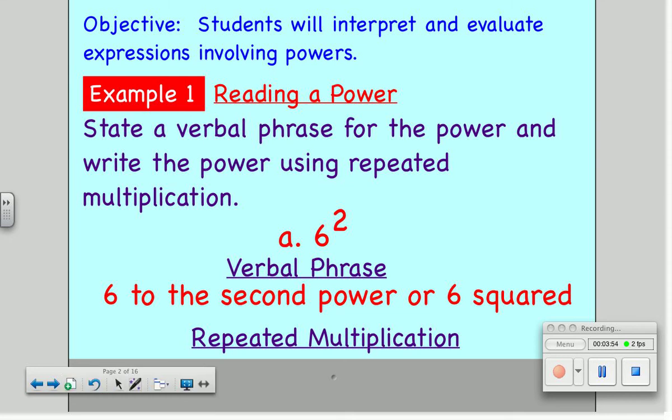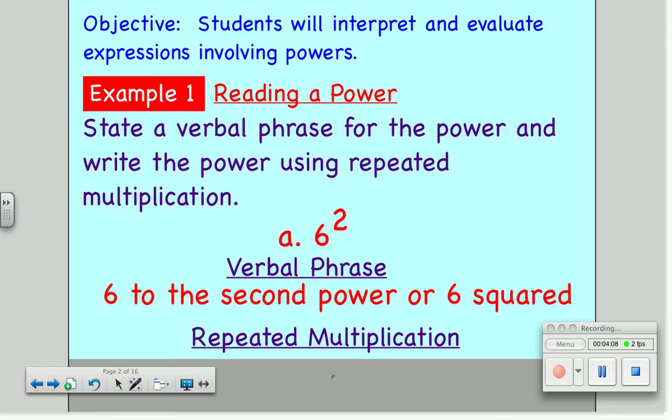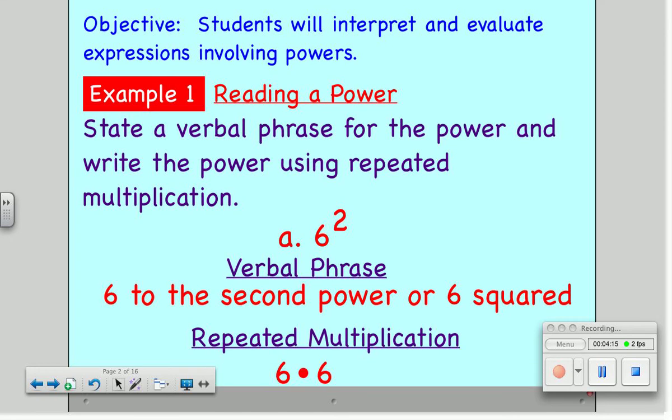So we're going to focus on the exponent here. And this tells us how many times we're multiplying that. How many times are we multiplying 6? 2 times, right? Okay, so then the repeated multiplication looks like 6 times 6, right?